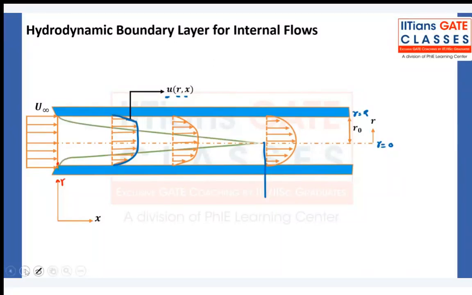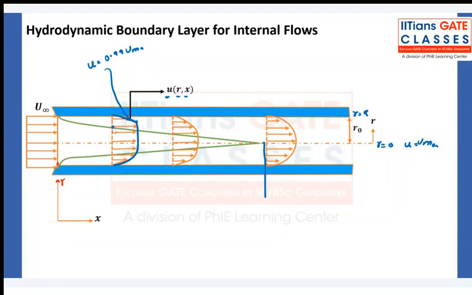At this point, u is equal to 99% of your u max. If at the center you have u max, then at this point you have reached 99% of u max.